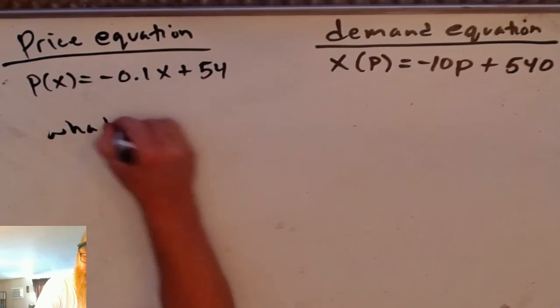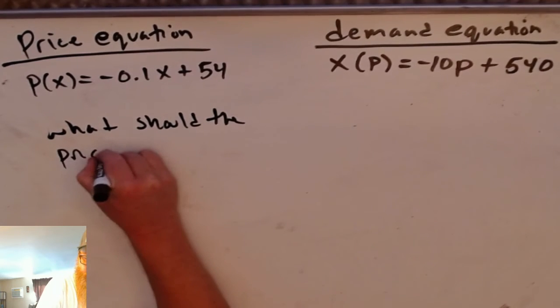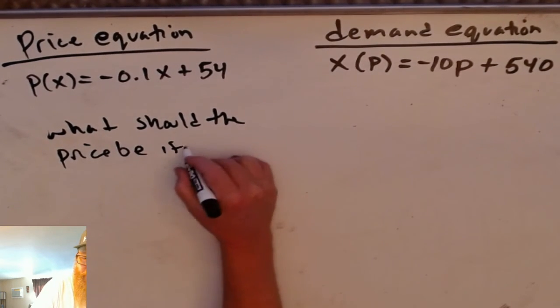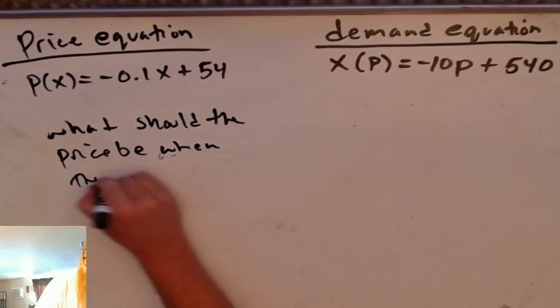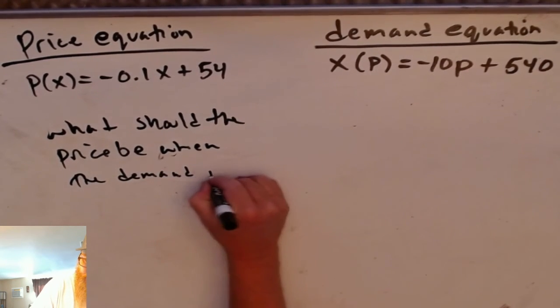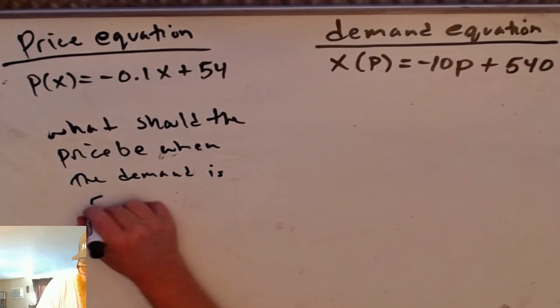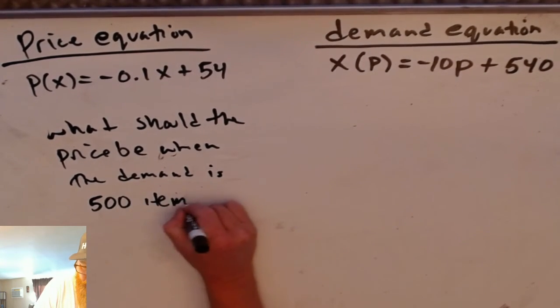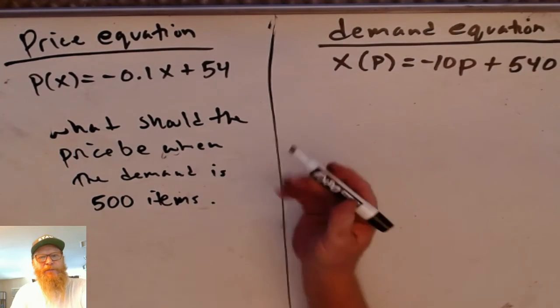So what should the price be when the demand is, I don't know, 500 items? Well, you're going to use the price equation. Yeah.